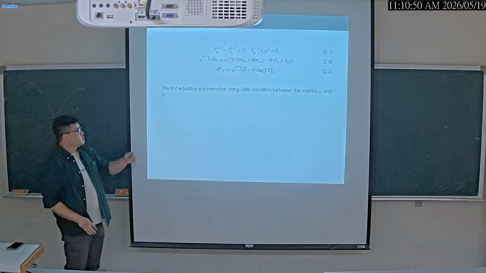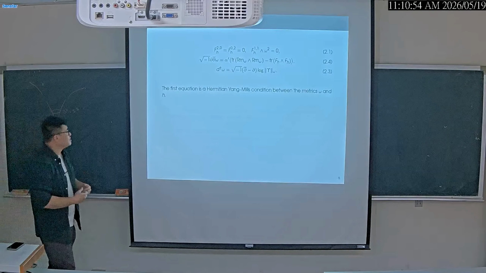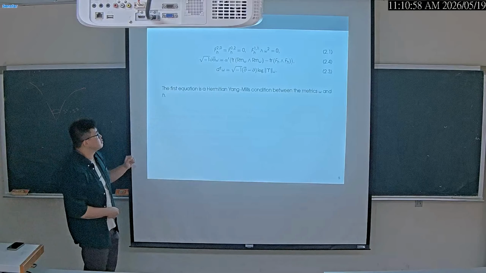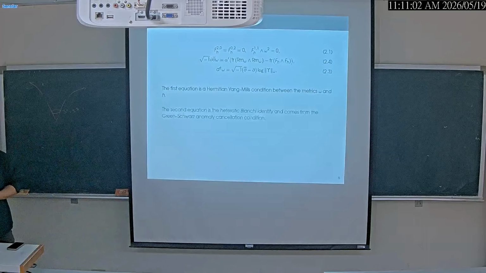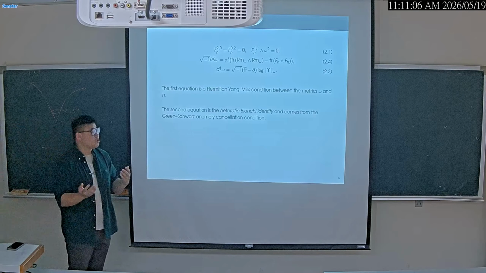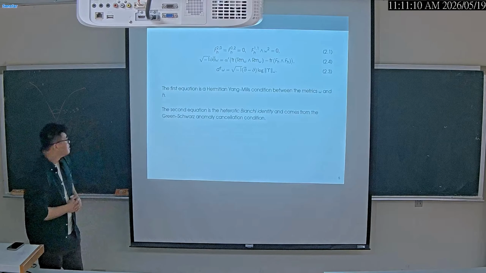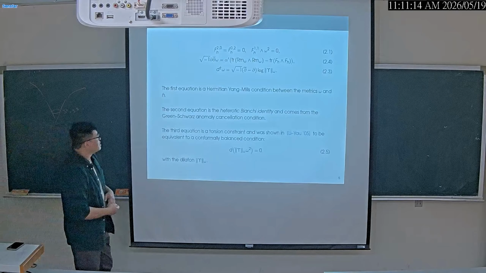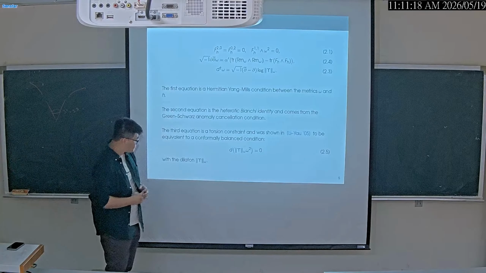I've just replaced 2.2 with 2.4 like I said, and just to talk more in detail about them, the first one is just a Hermitian-Yang-Mills condition between the two metrics. The second equation is called the heterotic Bianchi identity. This is coming from some Green-Schwarz anomaly cancellation. This seems to be the more interesting equation to try and figure out. And the third equation is some condition on the torsion of omega.